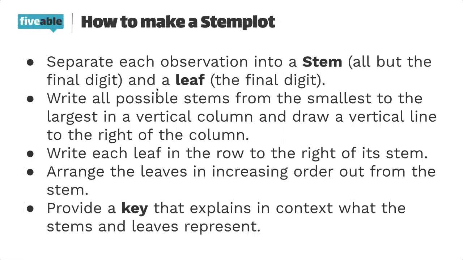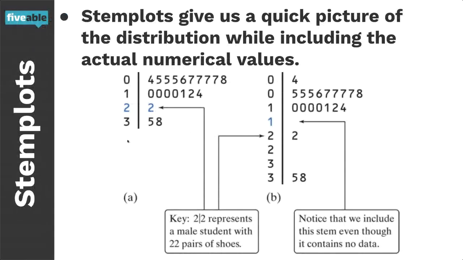Then you always provide a key that explains in context what the stem and leaves represent. So again, going back to our example, we have our key down here. We have 0|4, which would represent a male student with 4 pairs of shoes. Now I don't need to include 4, 5, 6, 7, 8. I can stop at 3 because the highest data point I had was 38.